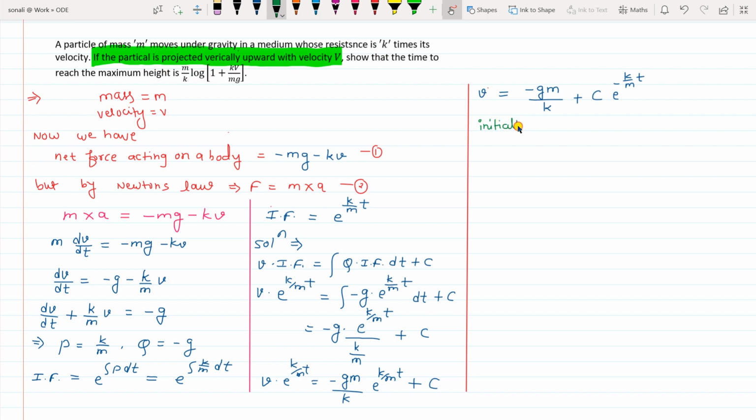then your velocity is capital V, and at initial time t will be 0.